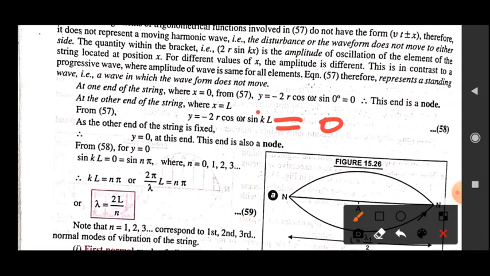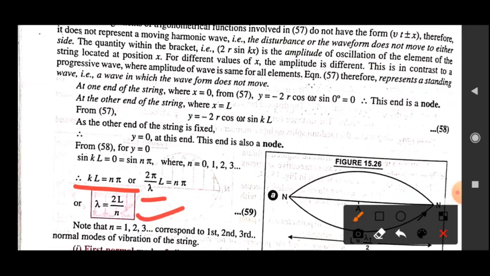So the factor that can be 0 is sine kL. Here sine kL is equal to 0, and by using the general expansion of the angle, we can write sine n pi. So finally kL is equal to n pi, or in place of k, we can write 2 pi by lambda into L is equal to n pi.